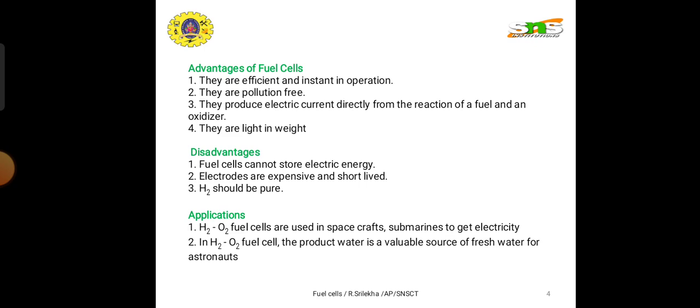The voltage produced is 0.8 to 1.0 volts. It has a high current density and produces substances useful for the reactions. It is used in various types of submarines and for fresh water.